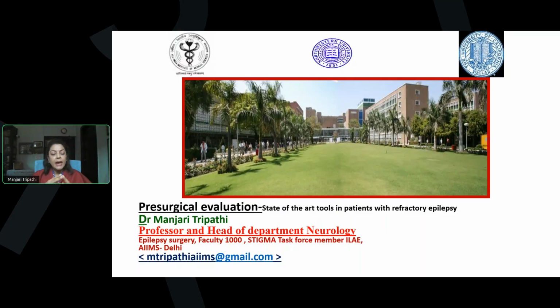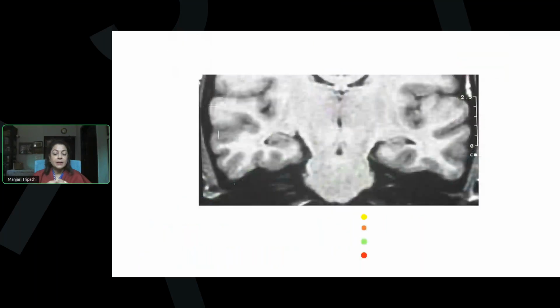Now, we know that a lot of good prognosis of epilepsy surgery depends on finding a lesion, and the lesion is essentially forming the lesional zone. However, it's not just the lesion, it's the network around the lesion, which is formed by the duration of refractoriness and the etiology of refractoriness, which forms, to a certain extent, the ictal onset zone.